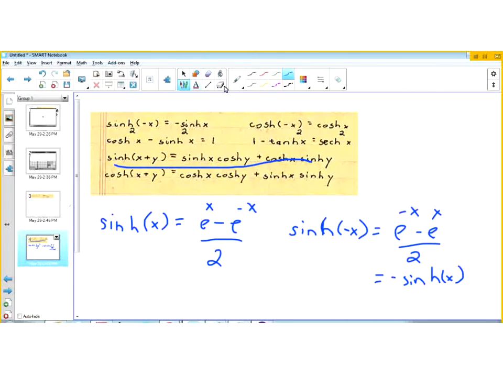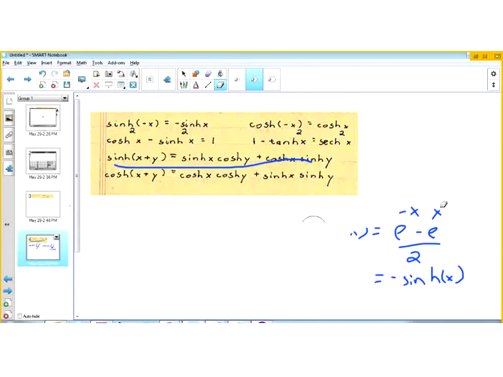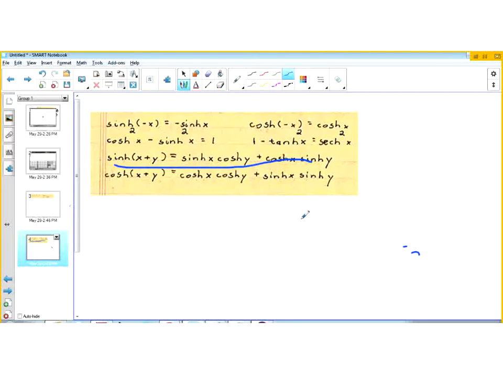The sinh of a sum. All right, so there's a little bit of a trick to doing this, and I'll show you. The trick to proving this identity is to start on the right-hand side, and then collapse it into the left-hand side. So start with the right-hand side.